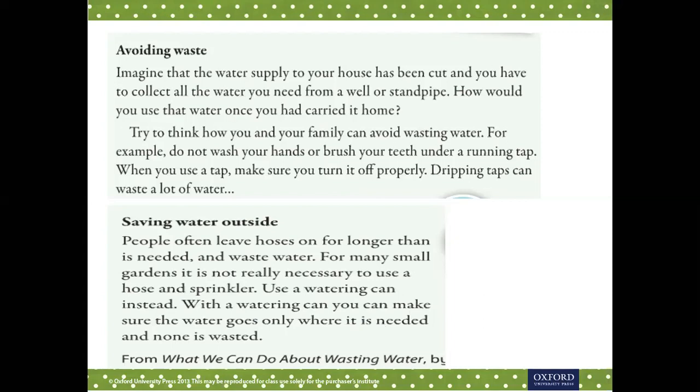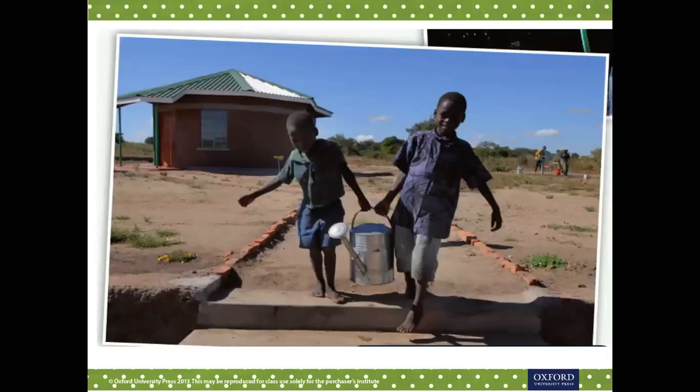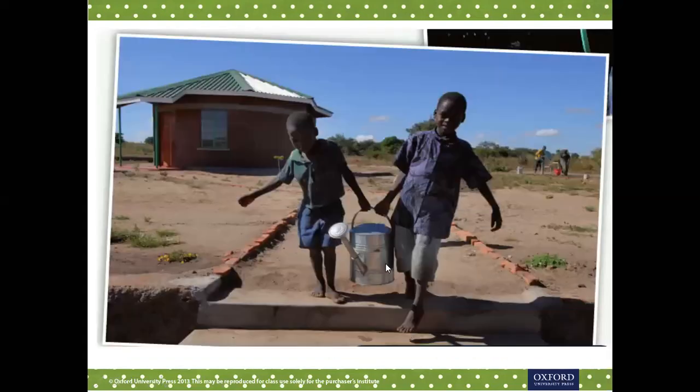It's much better to avoid wasting water by using a can like this one. So when you're planning to water your plants, it's much better to use this, not this, because this one is wasting a lot of water. This one is saving water. Is it clear?